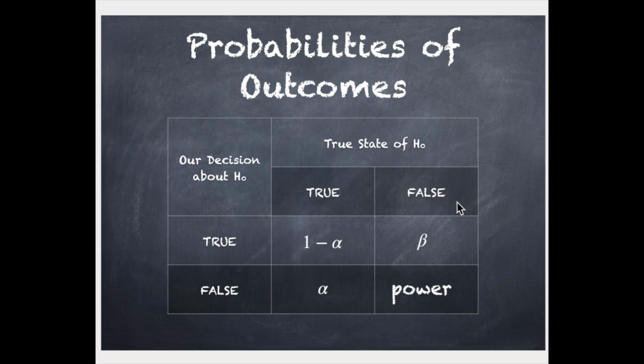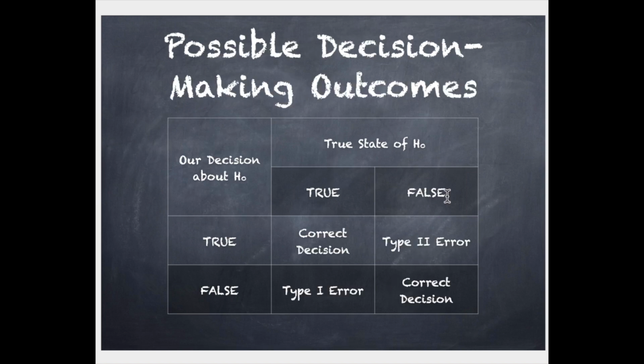And so doing that, we have a table for the probabilities of the outcomes. Alpha down here is the probability of a type 1 error. Beta is the probability of a type 2 error. Power is the conditional probability of rejecting the null hypothesis when in fact the null hypothesis is false and should be rejected.